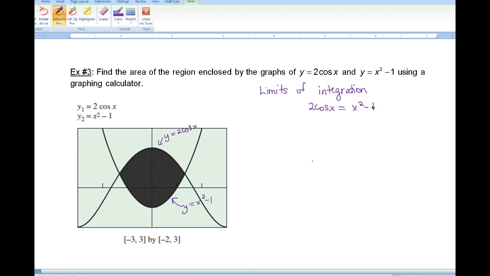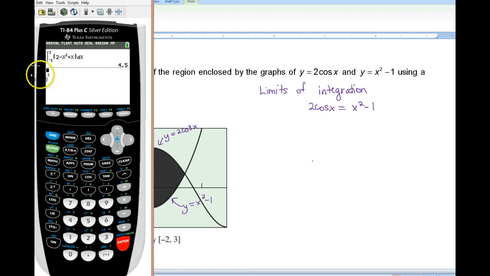So what we're going to do is go on our graphing calculator. We're going to go to y equals. Now there are two ways we could do this. We could put one of them in for y1 and the other in for y2 and find their intersection points, or we can find the zeros. I'm going to put in 2 cosine x for y1.